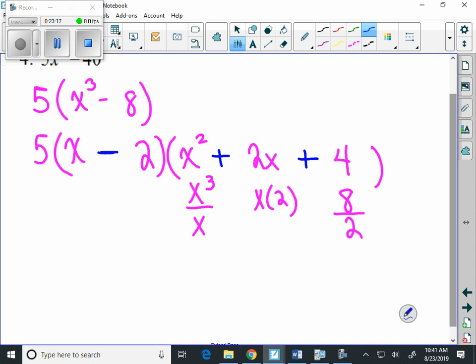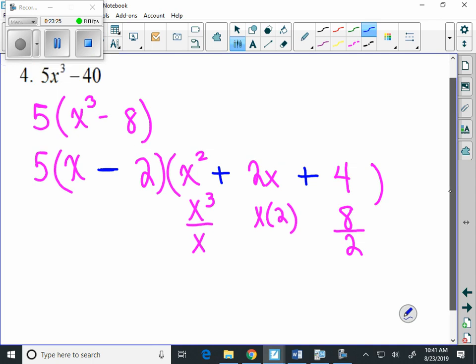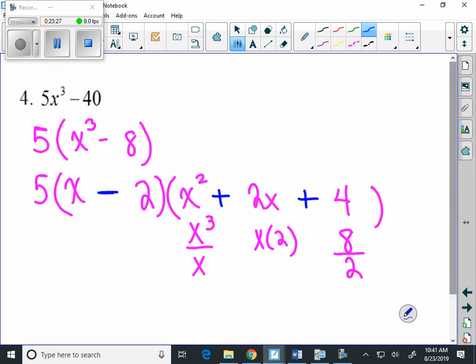As you start to think about your practice, one thing to point out, you don't have to multiply these back together. If you multiplied this all back together, you would end up with 5x cubed minus 40. And it would be a lot of work to get to that point. Our goal as you work through these notes and through the practice is to factor, not to multiply.